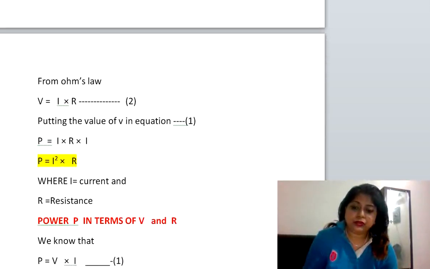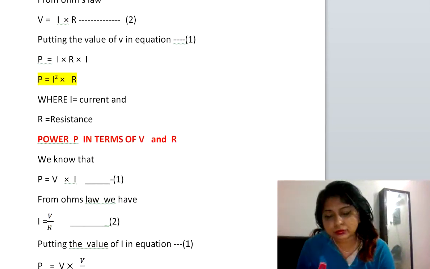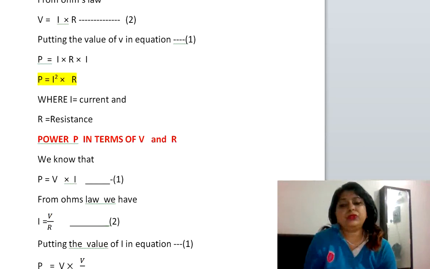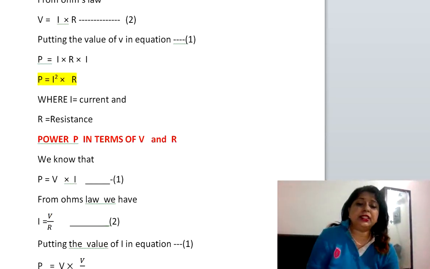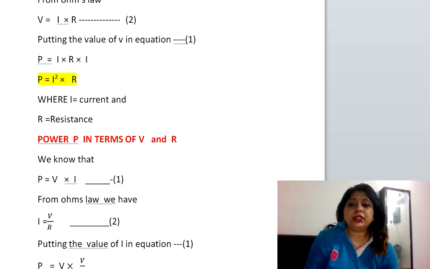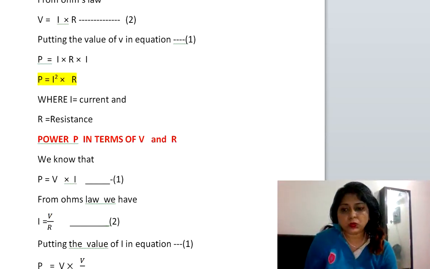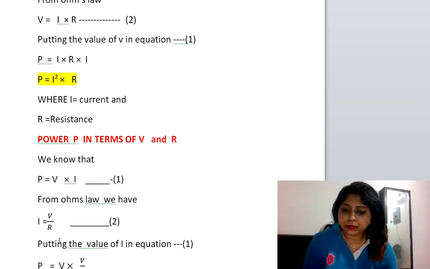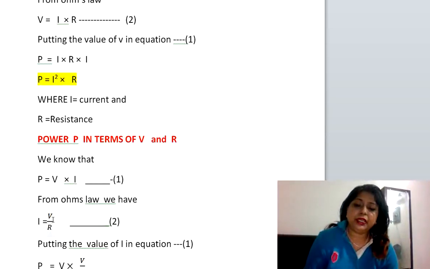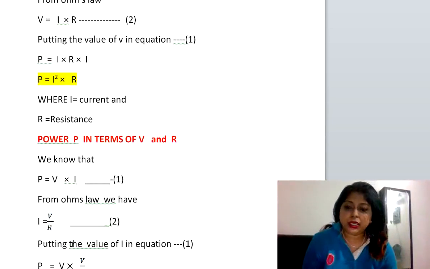One more formula which I will give you: power in terms of V and R. When potential difference and resistance is given, in that case how we will calculate power. So already you know P equal to VI, and from Ohm's law I equal to V upon R, because already I had given V equal to IR, Ohm's law.